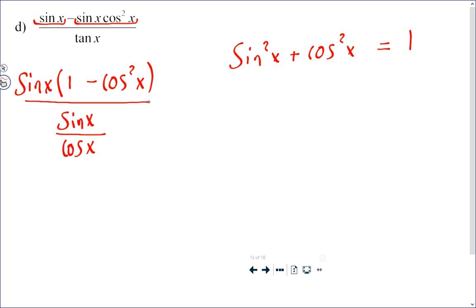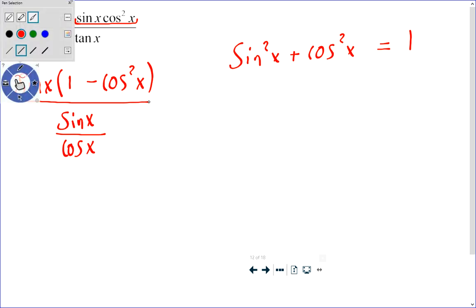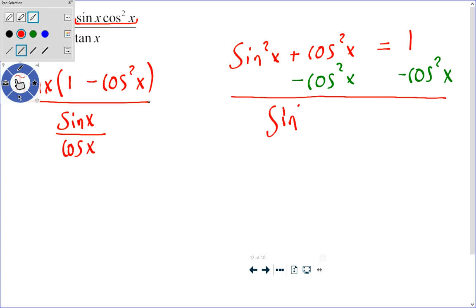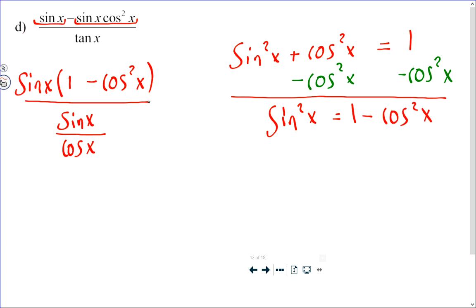However, I want you to notice that if we were to subtract cosine squared of x from the left and from the right side, then what I would end up getting would be sine squared of x equals 1 minus cos squared of x. And incidentally, if you were, instead of to subtract cos squared from both sides, subtract sine squared, you would arrive at this statement.